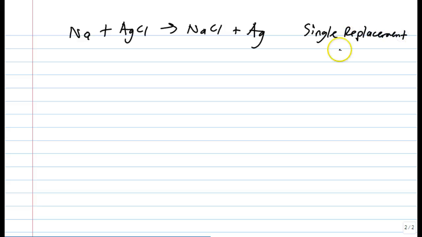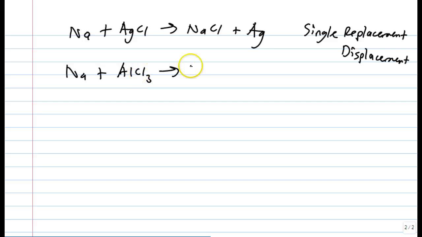Sometimes called single displacement. Not too sure what your teacher calls it. Okay, be careful on these, because whenever you make a compound, always look at charge. So let's take this for instance. If the sodium kicks out the aluminum, the sodium must form with the chloride.